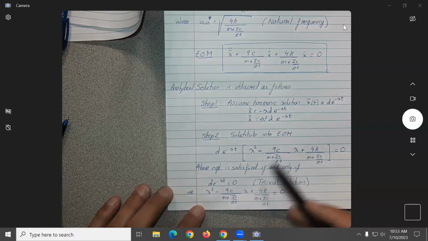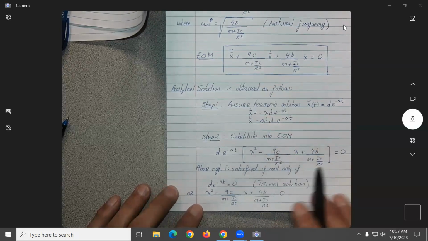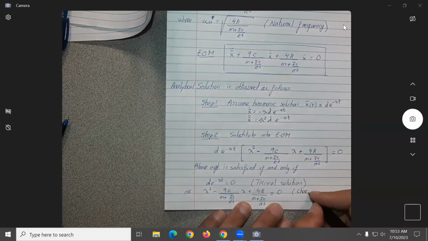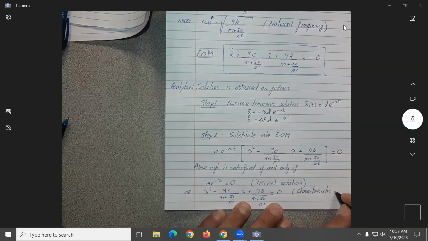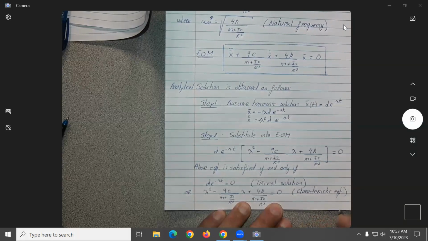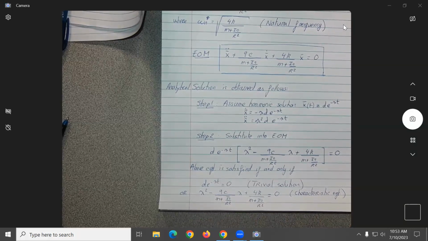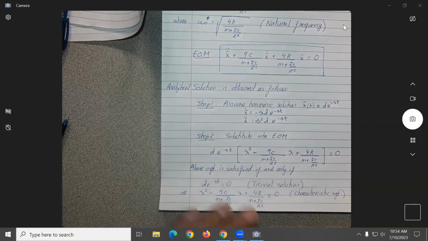Okay, and this equation here is what is known as the, maybe you heard that one in vibration, characteristic equation. Does that sound familiar? Okay. So, okay, and this is a quadratic equation, no?